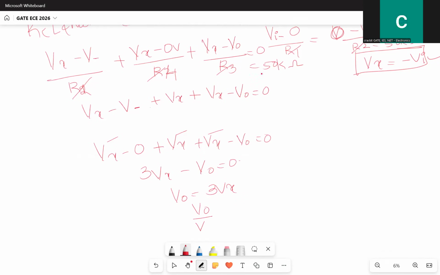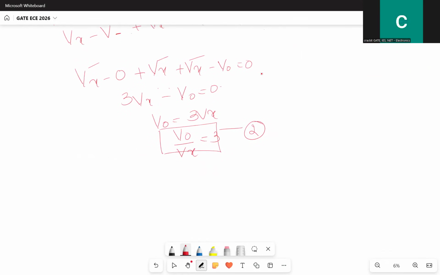V naught by Vx is equal to 3. This is our second equation. So now if you substitute equation 1 in equation 2, Vx is minus Vi, so V naught by Vi is equal to minus 3.